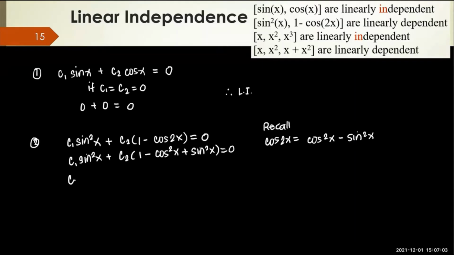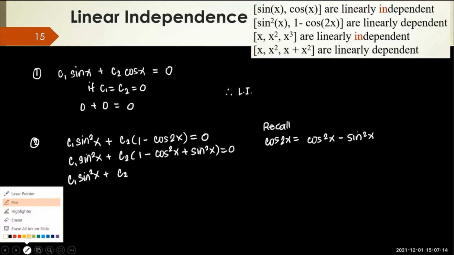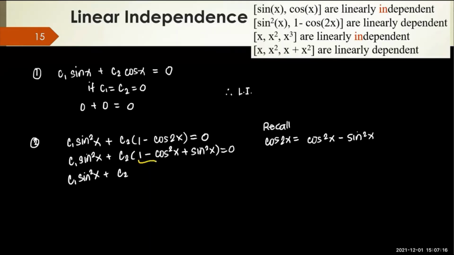And then plus C2, if I were to combine this sine squared x plus another sine squared x, therefore I can say that C1 sine squared x plus C2 times 2 sine squared x is equal to 0.